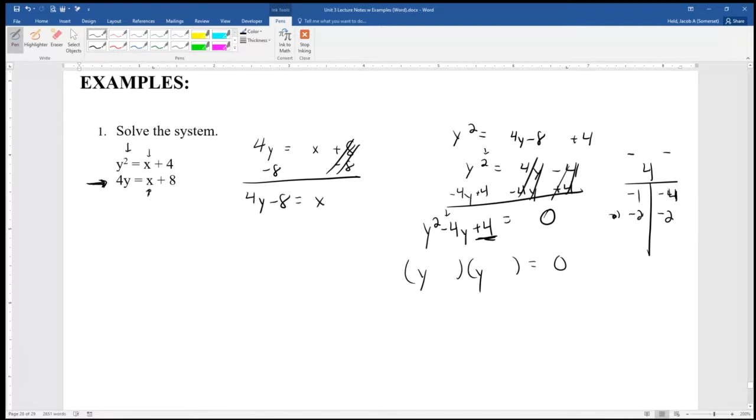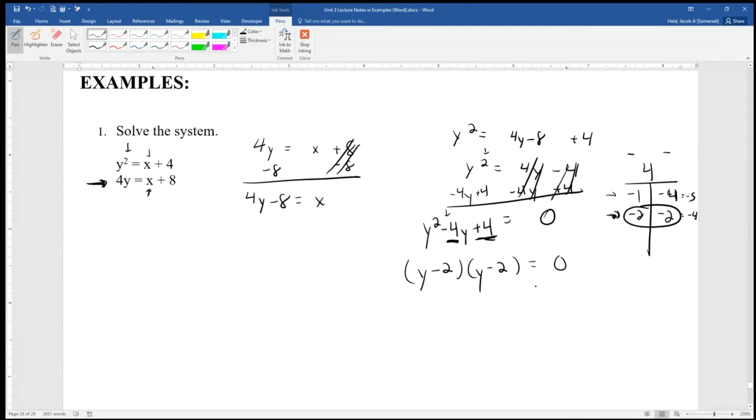I just need to add each pair and see which pair gives me this middle number. Negative 1 plus negative 4 is negative 5. Negative 2 plus negative 2 is negative 4. Negative 4 is what I have in the middle, so this is my pairing. Those two pieces are the parts of my factors.